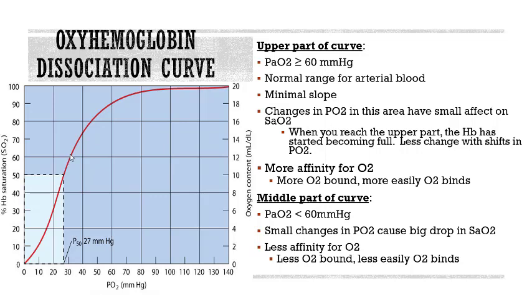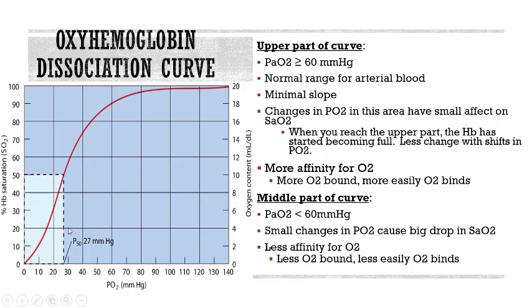So up here, it has more affinity for oxygen. It likes oxygen. It wants to bind oxygen. Down here, it's going to have less affinity for oxygen, less likely to bind oxygen. That's important when we start talking about the loading and unloading of oxygen.